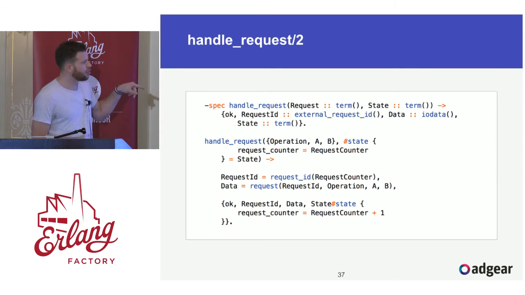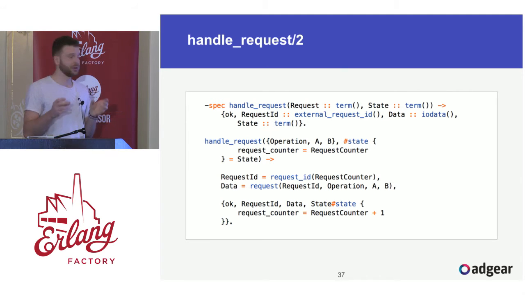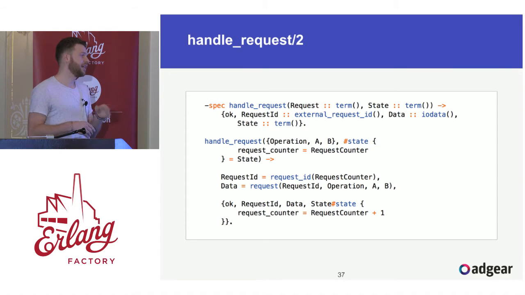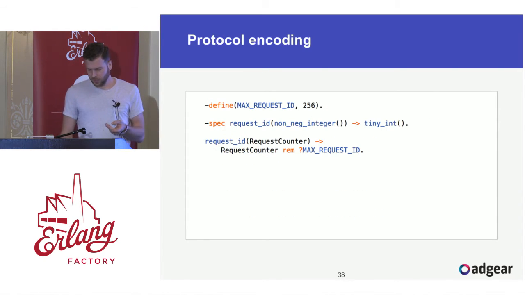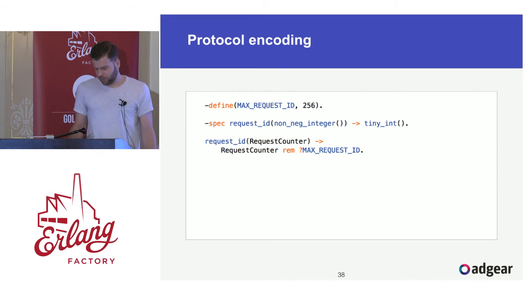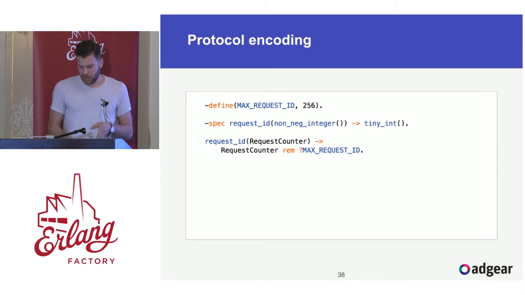I'll go over those 2 methods in the next slides, but basically we have a request ID and we generate the data, and then what we return is OK, the request ID, the data, and the updated state. In this case, what we use for the request ID is just a modulo of the max that we can assign for the protocol.